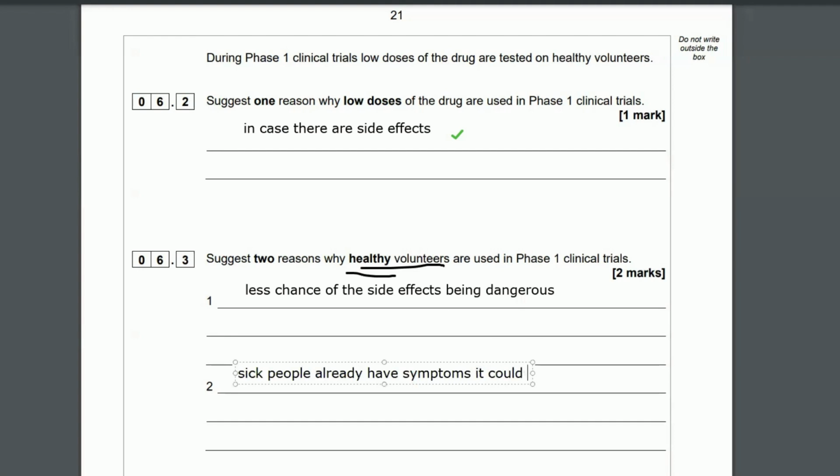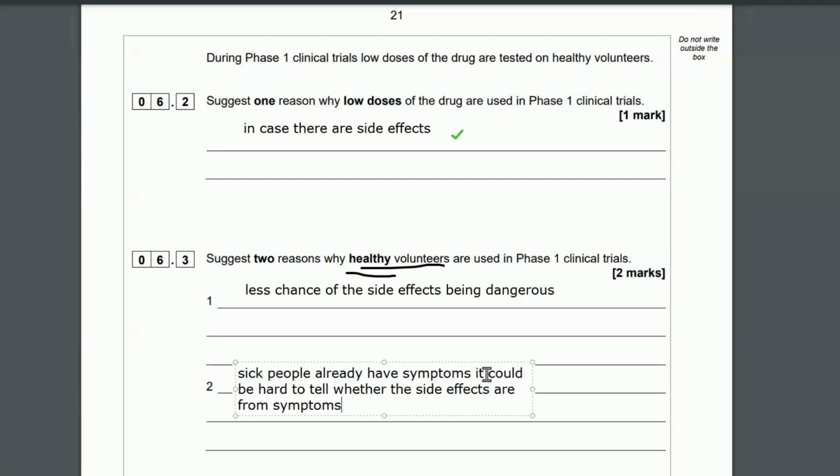It could be hard to tell whether the side effects are from symptoms. So if you take someone who's completely healthy and they don't get headaches and they don't get dizzy and they don't get nausea, then if they start reporting headaches, sickness, and nausea, it's the drug.